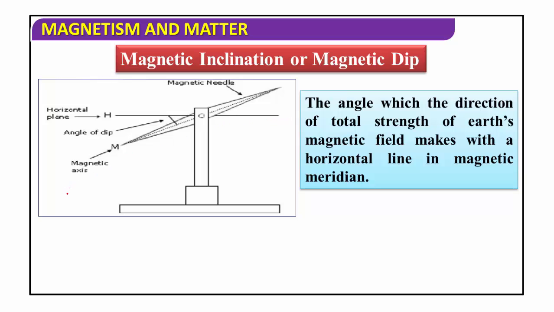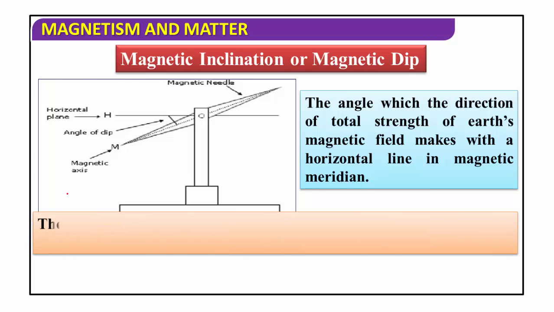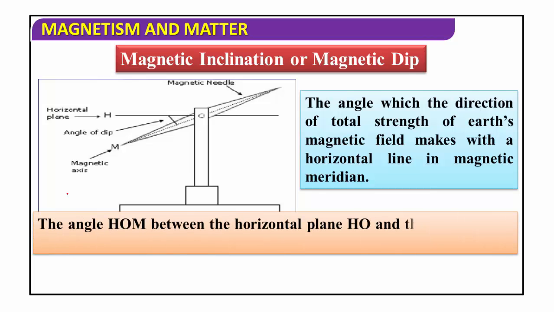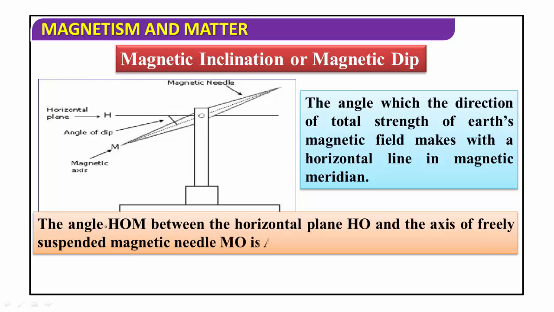It is called magnetic inclination or magnetic dip. The angle between the horizontal plane and the axis of a freely suspended magnetic needle is called the angle of dip or inclination.